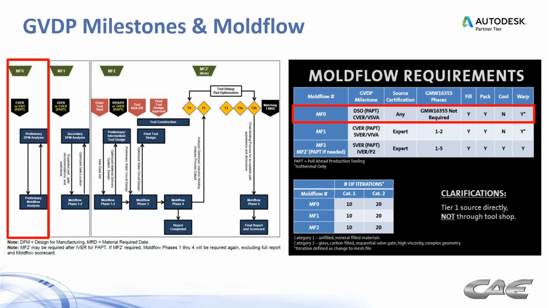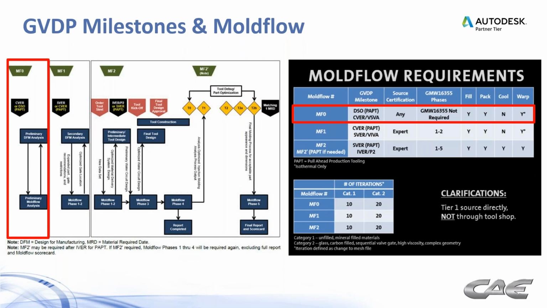And to GM's credit here, a lot of the Moldflow we used to do going way back when, we weren't engaged typically until the mold was ready to be built. And unfortunately, at that stage, it's really too late to incorporate any design changes that might help warpage, for example, or help a filling pattern change to get a better knit line.